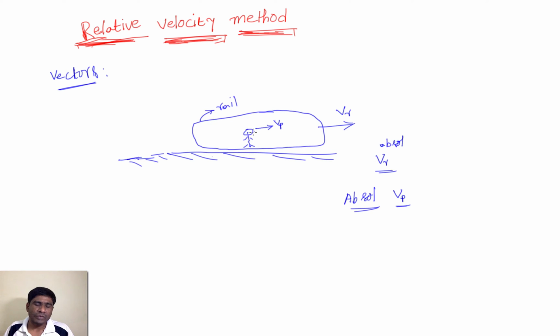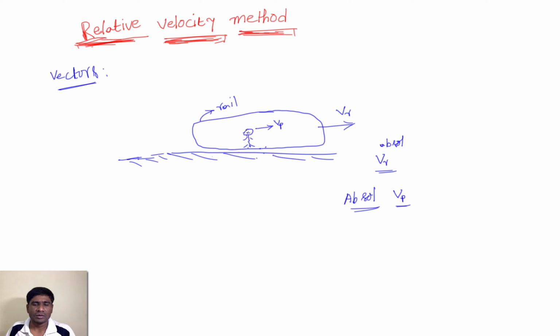So first of all, we shift the reference plane to the rail, because on whichever platform the person is running, or any object for which you intend to find the absolute velocity, you find out on which platform it is running or walking. Here this person is walking on the rail. So you shift the reference plane temporarily to the rail.